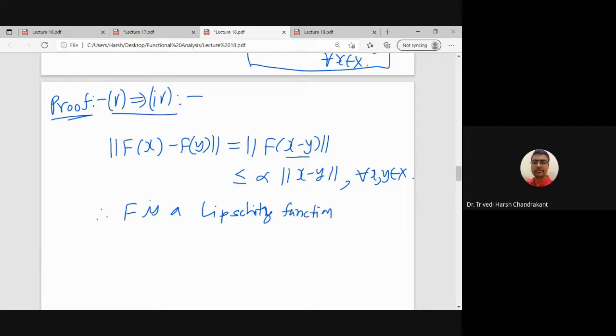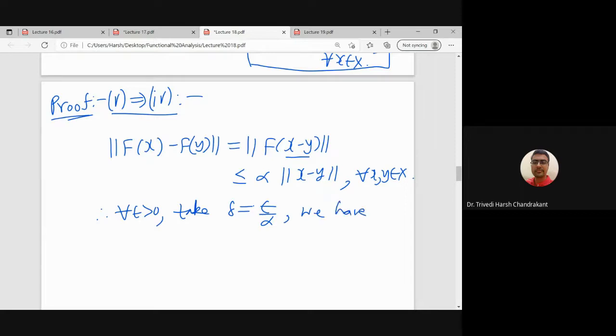So basically this condition is related to a Lipschitz function, but what we want is, for every epsilon greater than 0, take delta to be epsilon by alpha.